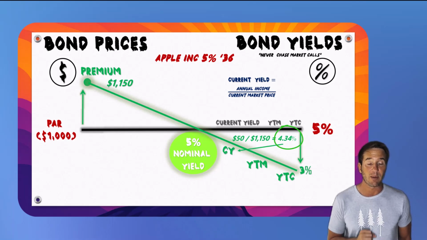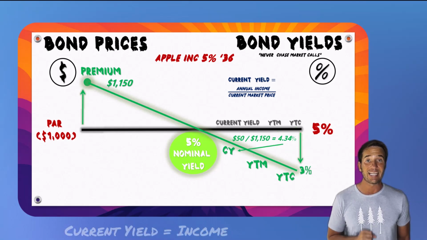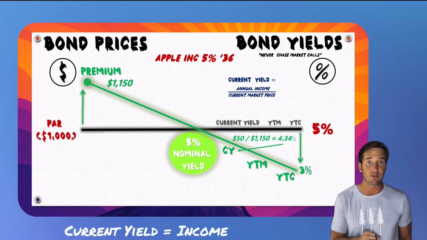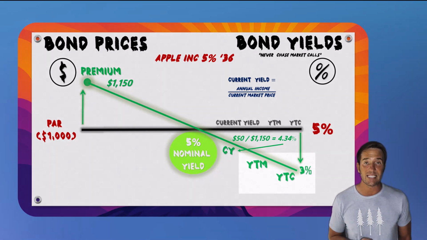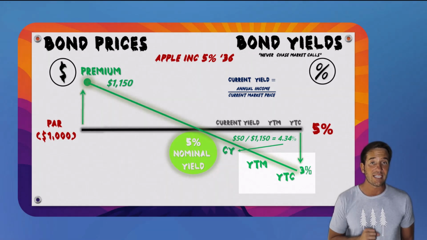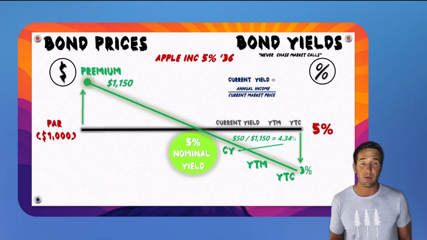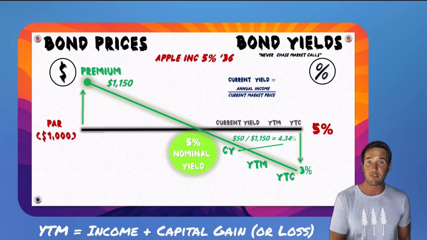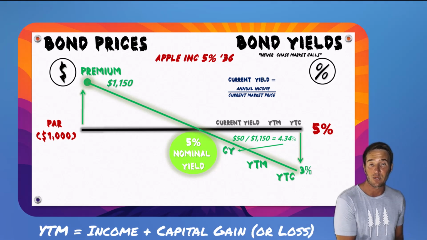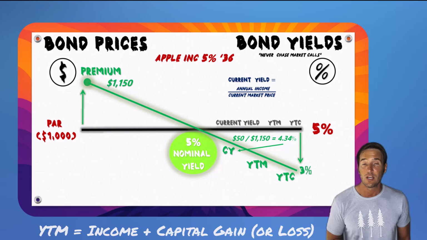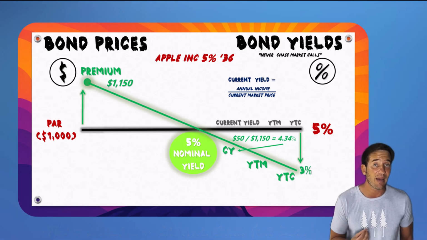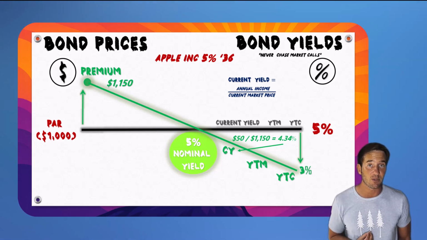Now that just represents my current yield, which is the income component that I'm going to get from the bond. Well, now we can also notice that the YTM and the YTC are lower. Why would that be? Well, remember, what's the YTM? It reflects that income component, plus the amount of money I'm going to take as a capital gain or capital loss if I hold it until maturity. So remember, how much is Tim going to get back at maturity if he buys your bond?